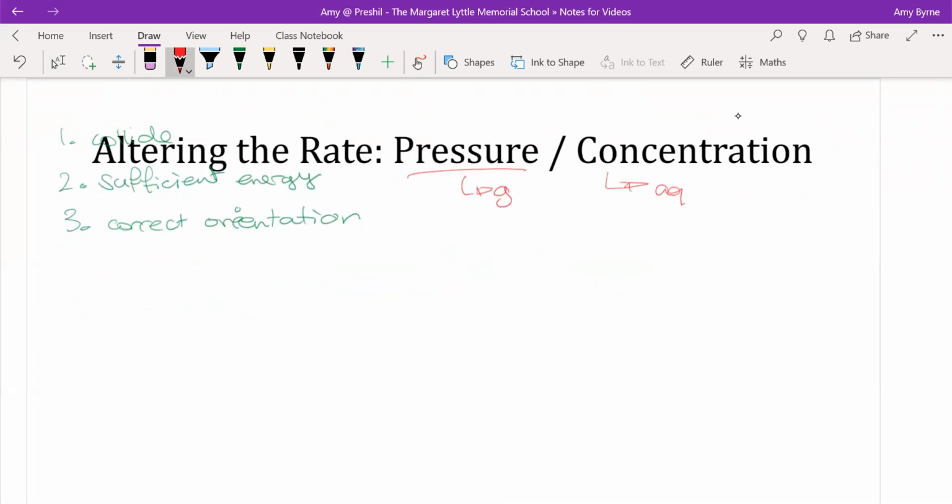Effectively, we're talking about the number of particles per volume in both cases. So that's why I've linked them. If I have more particles in a space, it makes it more likely that they will collide. It affects the rate of collision.